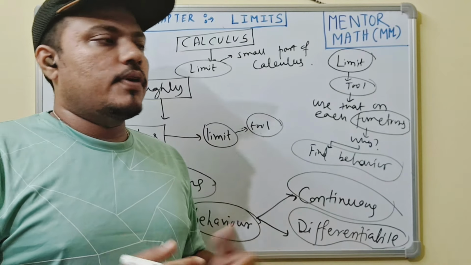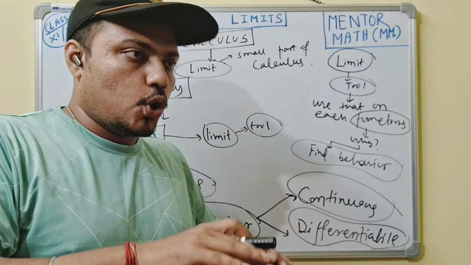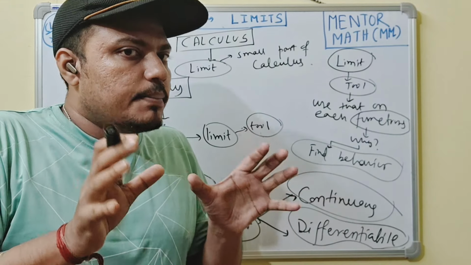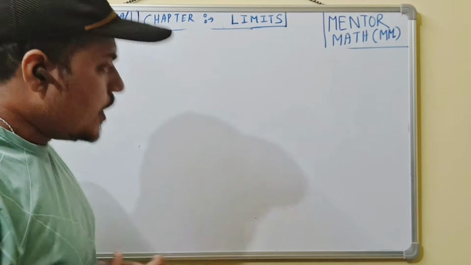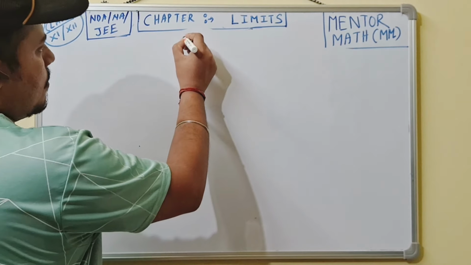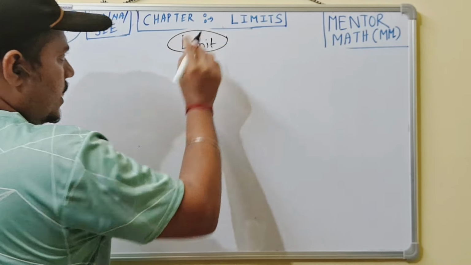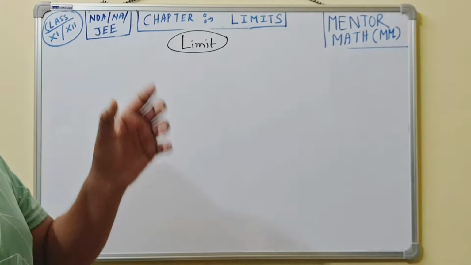Maybe a function is both differentiable and continuous, or neither. Maybe it happens. Okay, so this is roughly the basic concept. Now you have to understand the limit in a mathematical way.